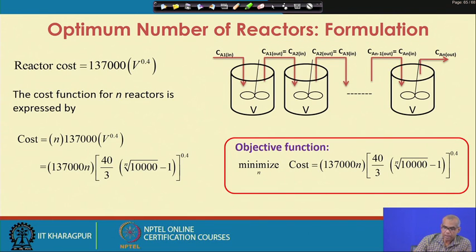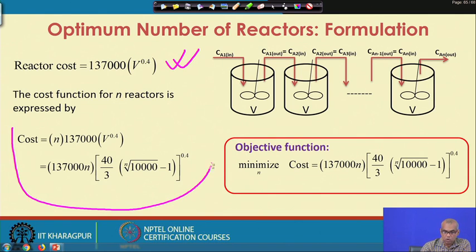Now, the reactor cost is given as 137000 into V to the power 0.4. This is for each reactor. So, for n reactors you must multiply this by n. So, the cost expression is cost equal to n into 137000 V to the power 0.4.